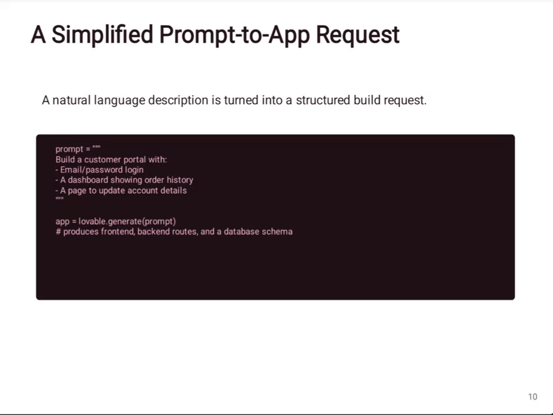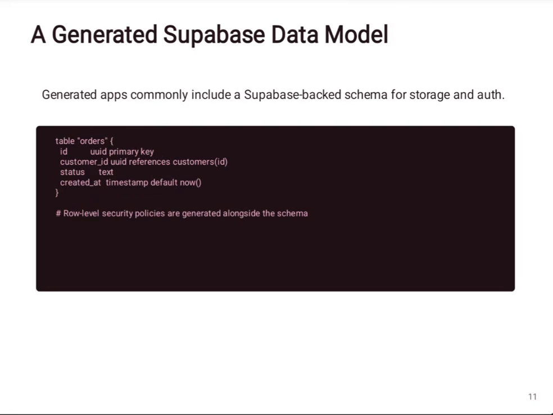A simplified prompt to app request: a natural language description is turned into a structured build request. A generated Supabase data model: generated apps commonly include a Supabase backed schema for storage and auth.